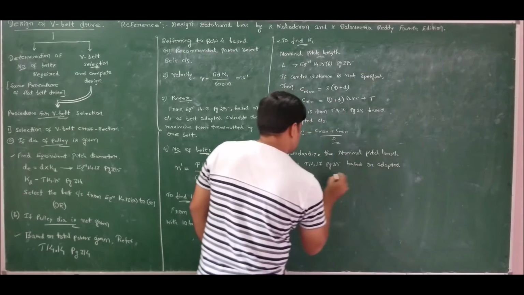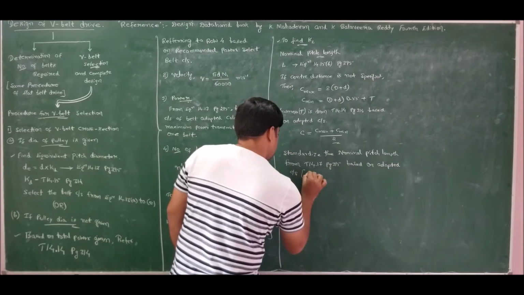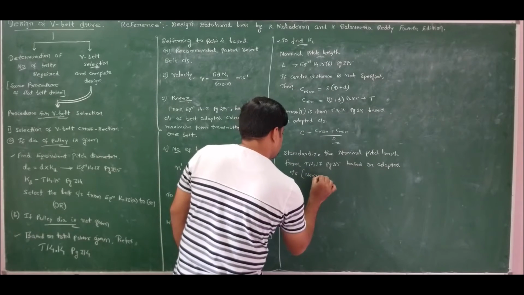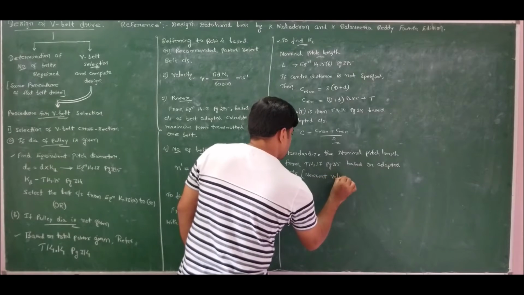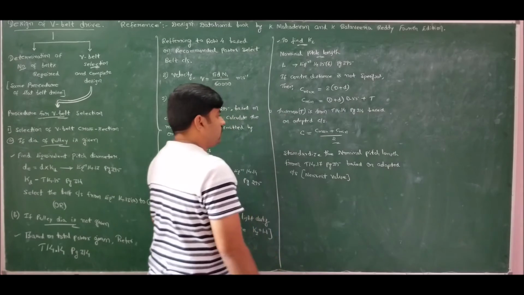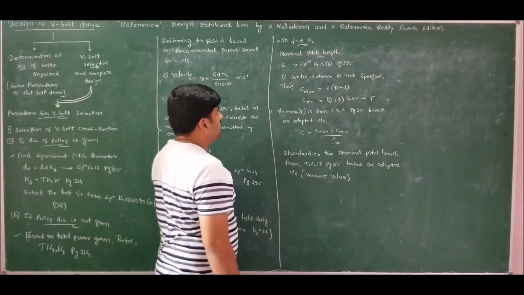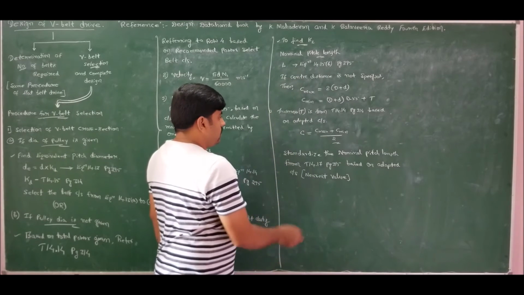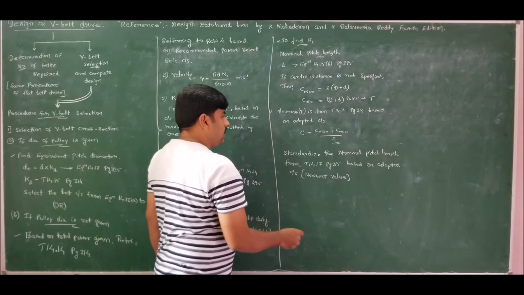That is, you take the nearest value for what you are calculating. Don't go for higher values. Always choose the nearest value. The calculated value of L you match with table 14.17, page number 315, and go for the nearest value.